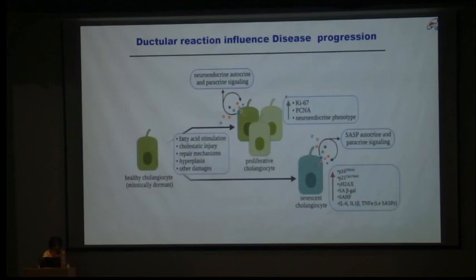But in NAFLD, they say that healthy cholangiocytes acquire two different kinds of phenotypes. One is the neuroendocrine phenotype, and another is the senescent phenotype. In the neuroendocrine phenotype, they start having neurohormones and neurocytokines, and in the senescent phenotype, they start expressing p16, p21, and so on, senescent cytokines.